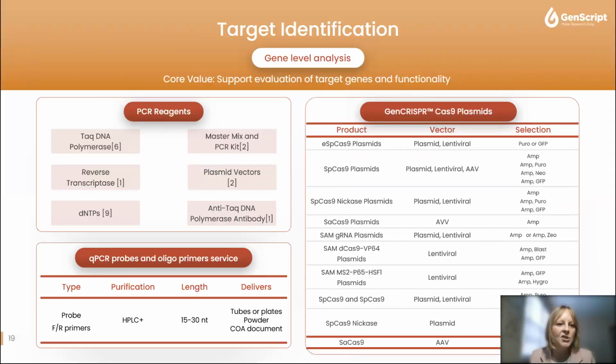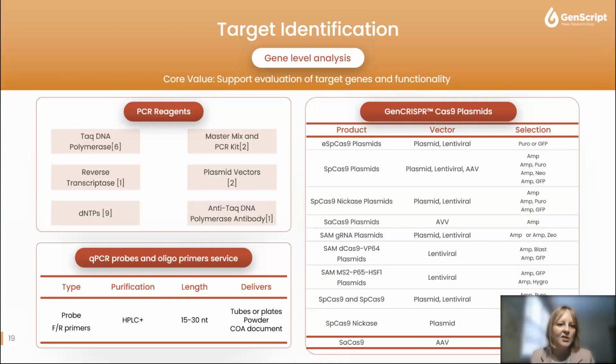So starting at the gene level, you may need to amplify your target using PCR, and often to measure the DNA or RNA levels using qPCR or RT-qPCR. We offer ready-to-use reagents, as well as offering our oligo service to create probes and primers specific to the project you're working on.